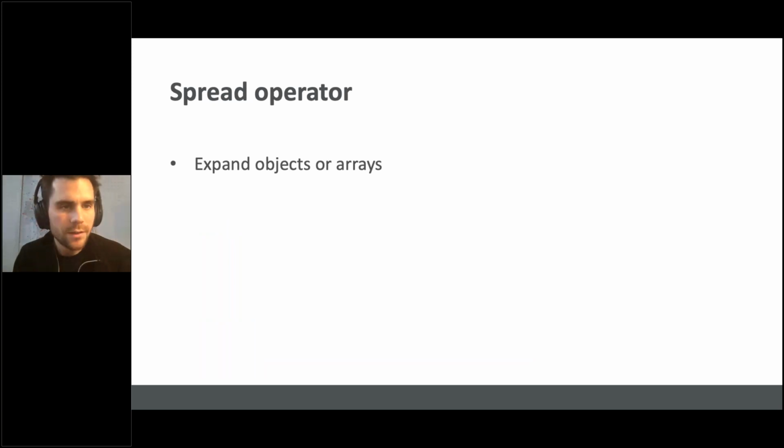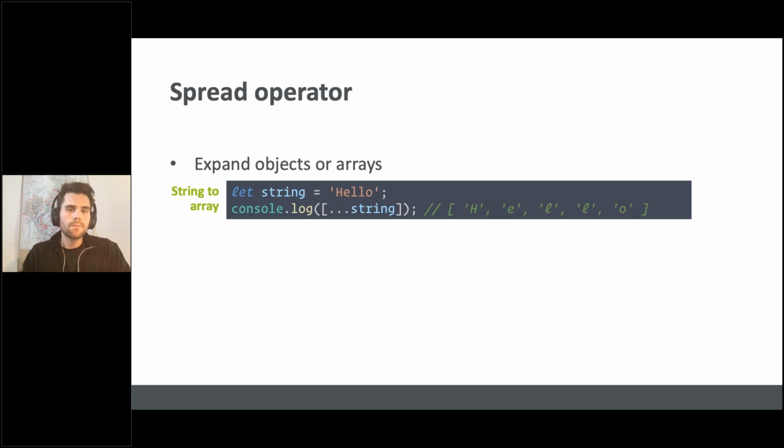Another feature is the spread operator. The spread operator is fairly new, and it allows to iterate, so basically to loop and expand a JavaScript object or an array. So let's look at a few examples, because it's much better to look at examples for this.